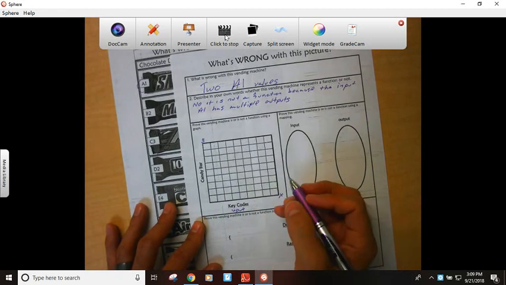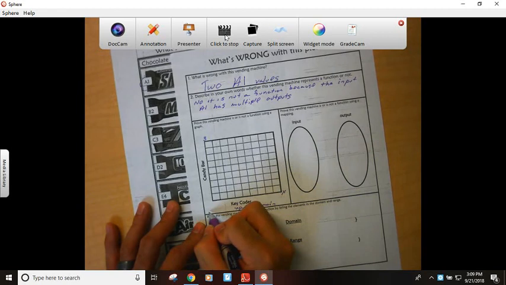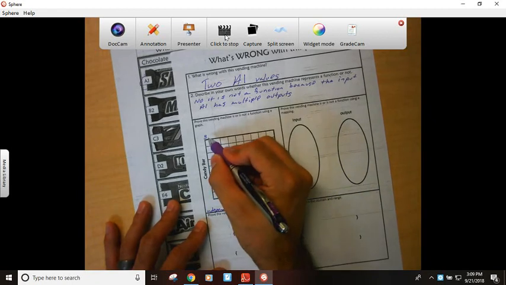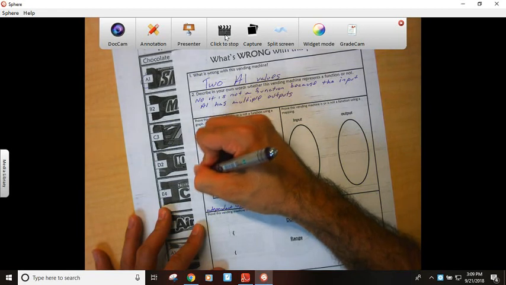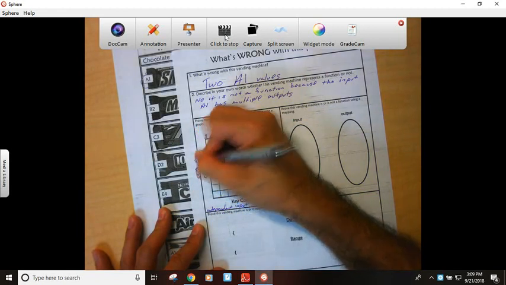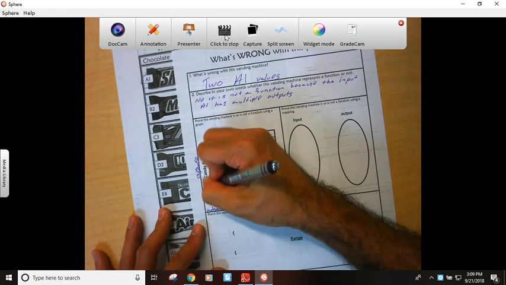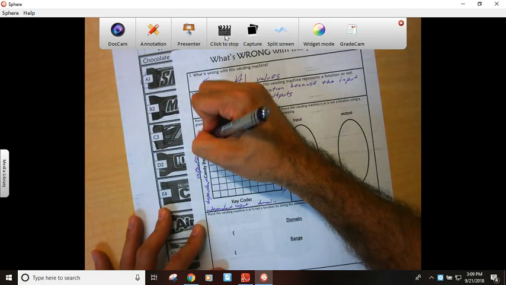We can call it our domain, but it can also be called our independent variables. This is our Y values, which can also be called our outputs. It can be called our dependent variables, and it can also be called a range.